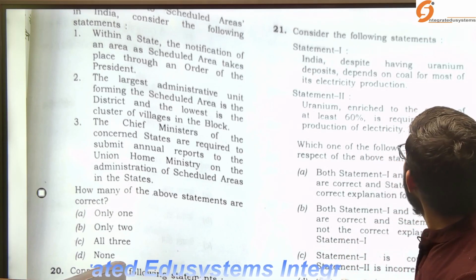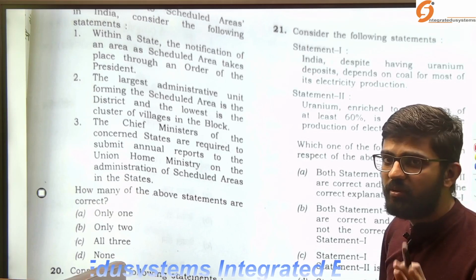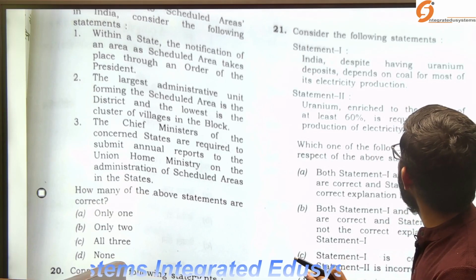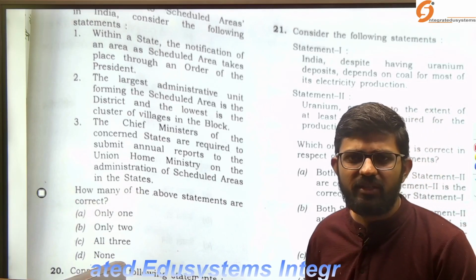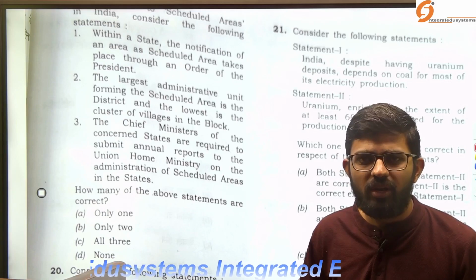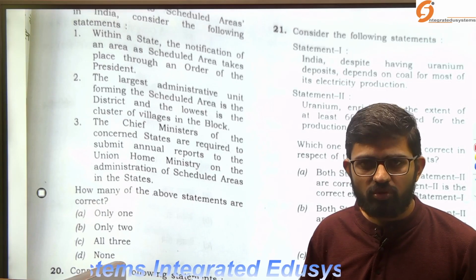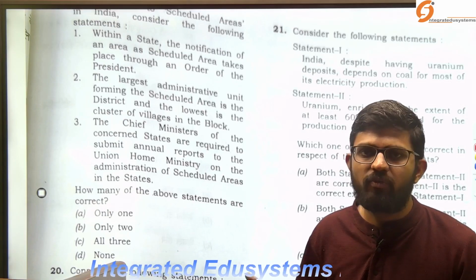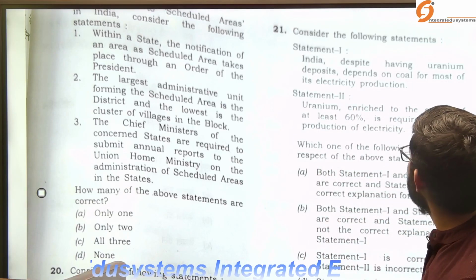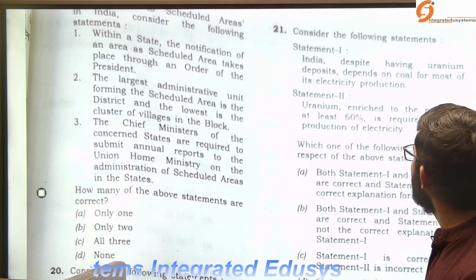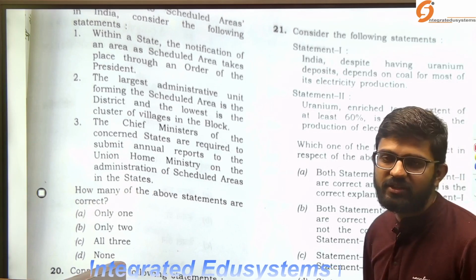Statement 1: India, despite having uranium deposits, depends on coal for most of its electricity production. This is a basic fact. Even we read in the newspaper that 60% of the coal production goes towards electricity, and that's why we cannot phase out coal. And the second option is: uranium enriched to the extent of at least 60% is required for the production of electricity.